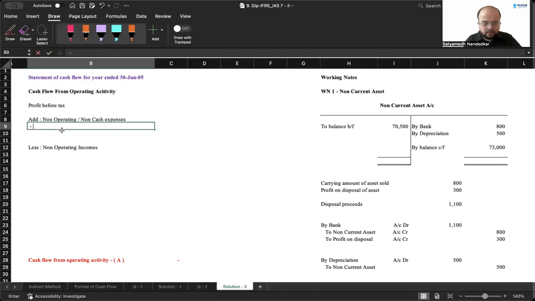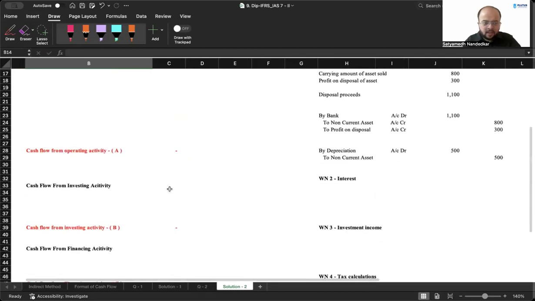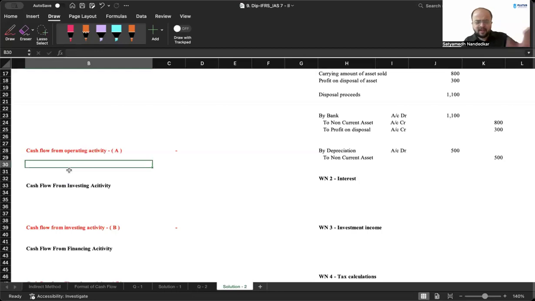Depreciation. How much? 500. In non-operating incomes, you have profit on disposal. Write down profit on disposal minus 300. Now, cash flow from operating activity, so that's the final number.